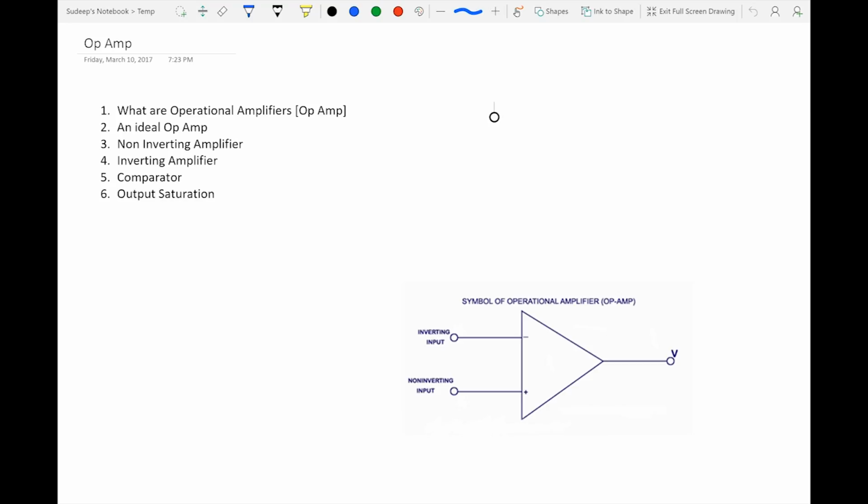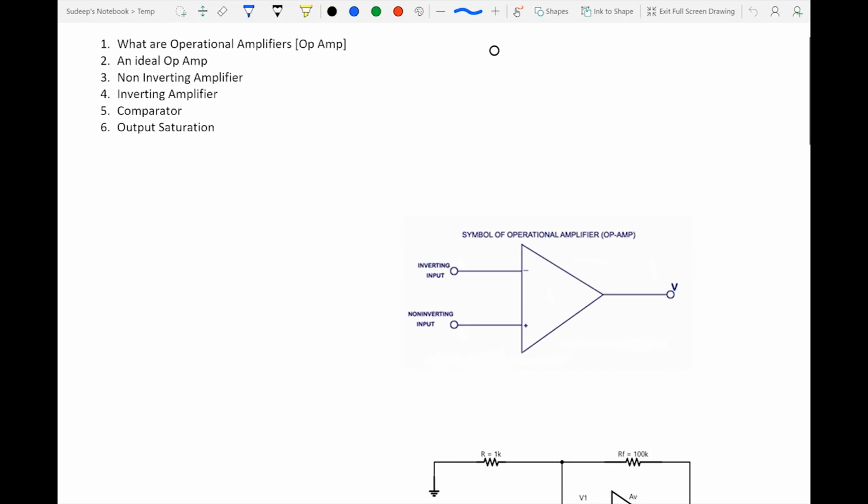So let's get started. An op-amp is a direct coupled high gain electronic voltage amplifier which amplifies the differential values of the signal that is given to its inverting and non-inverting terminals. What that means is an op-amp has two inputs.